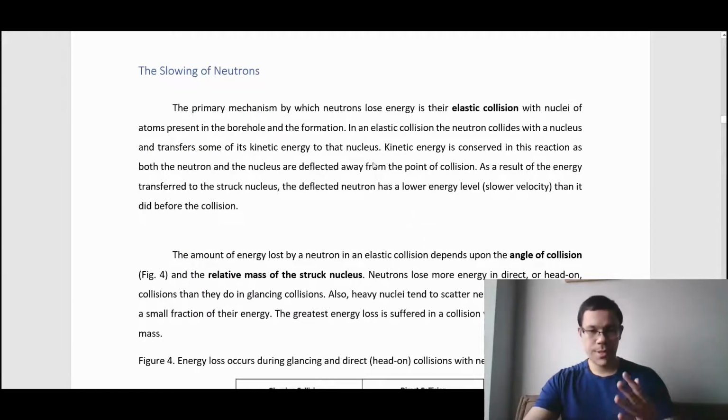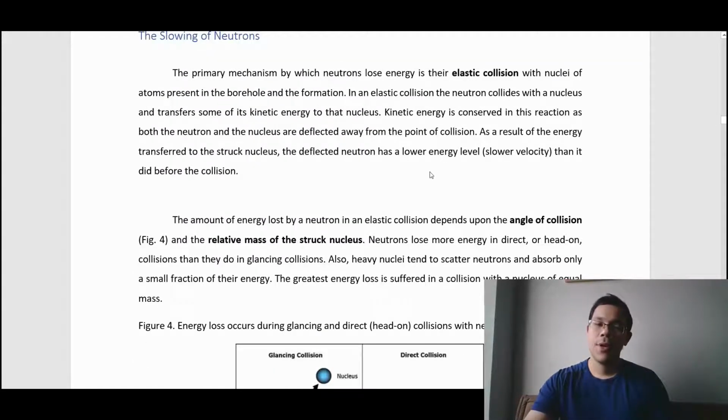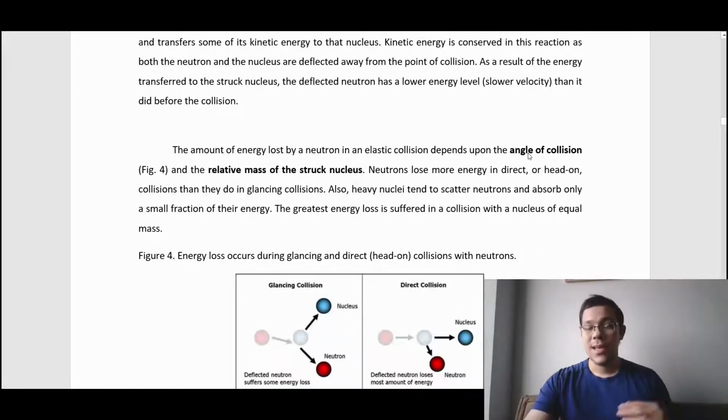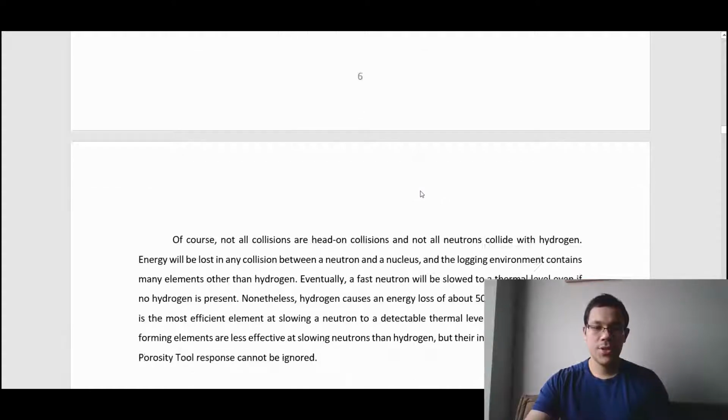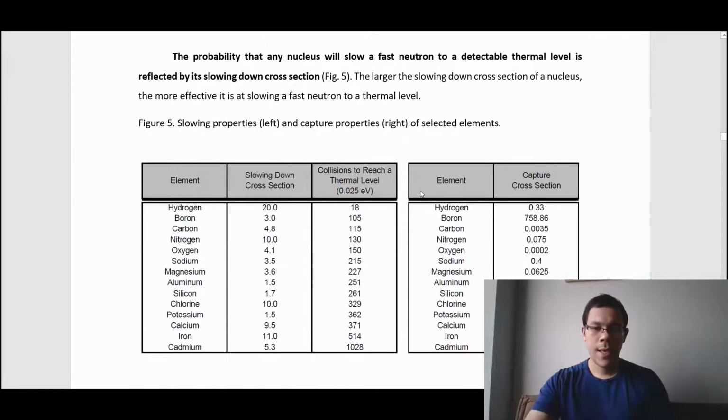So these are a few more comments on how those collisions happen from the moment that the neutron leaves the source until the moment it is perceived by the detectors. There are elastic collisions, and the angle of collision is important in those interactions. And this is a key concept: the slowing down cross section and the capture cross section.